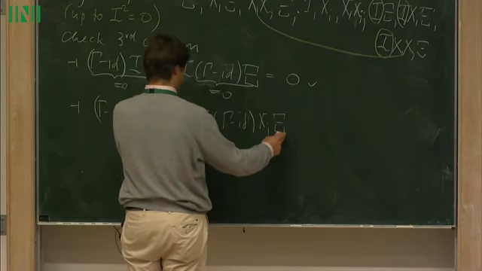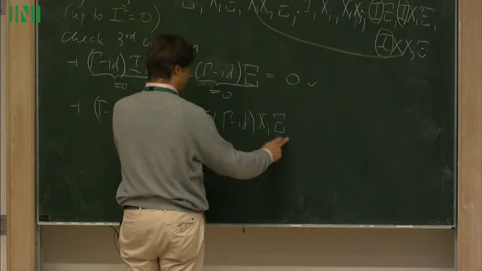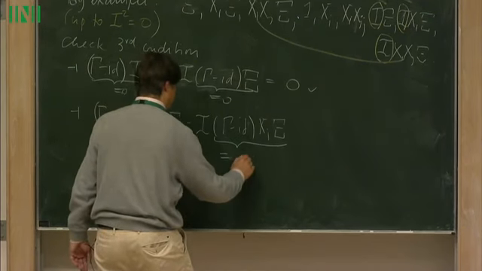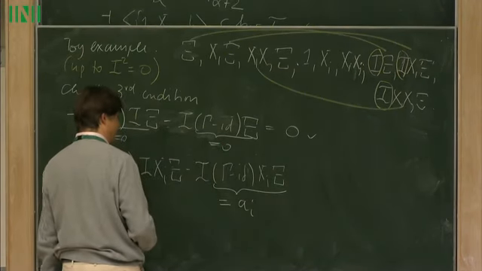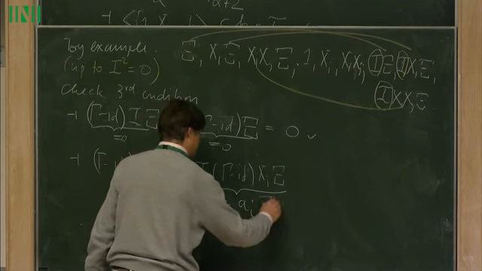Here the structure group acts on a polynomial. So this was given by some number a_i times the noise.